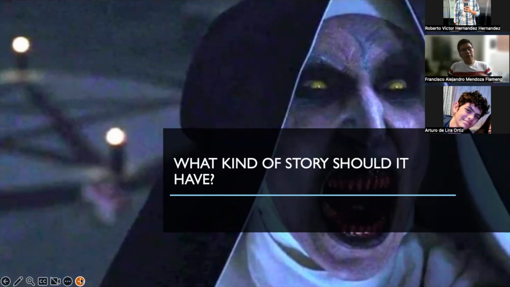For example, character vulnerability. A character must be vulnerable and feel threatened by terrifying forces. For example, the religious one that I mentioned before. For me, it is the most terrifying because it includes religious aspects like God and demons, and also elements like the Holy Bible.